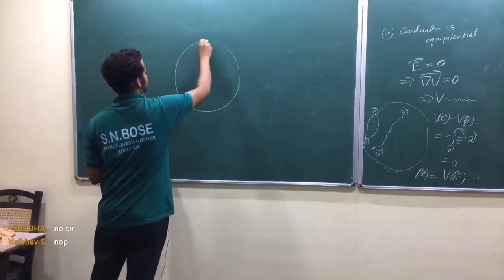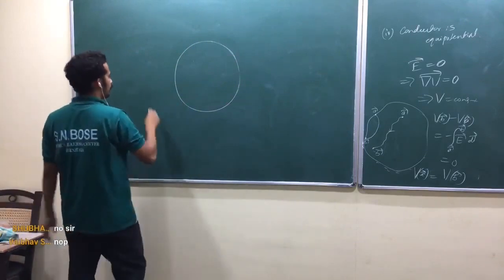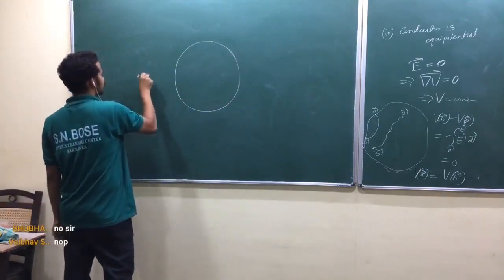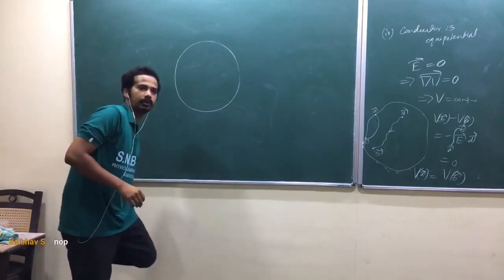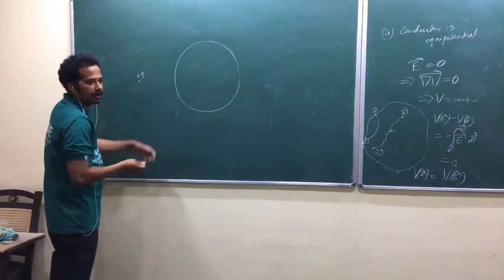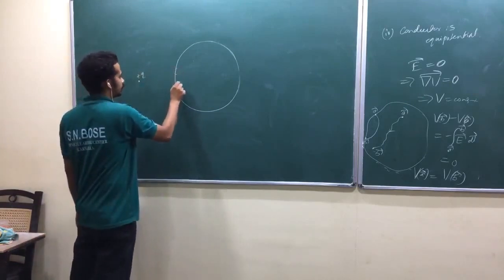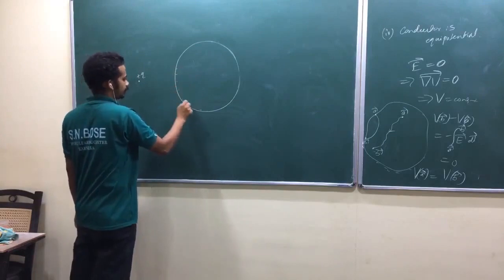So now look at here. I have a neutral conductor. I'm going to bring a plus Q point charge nearby. Then what would happen? This positive charge will attract electrons, so negative charges will distribute here.